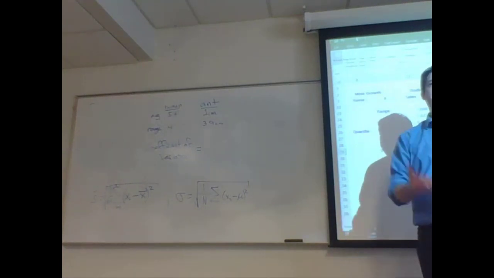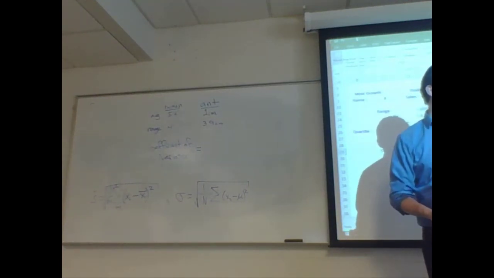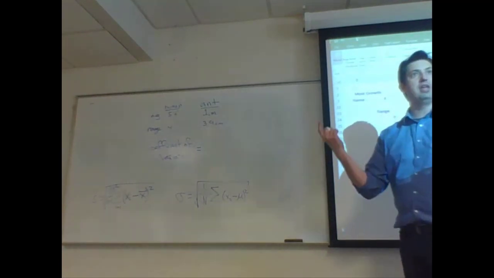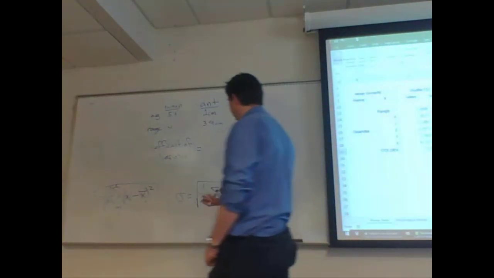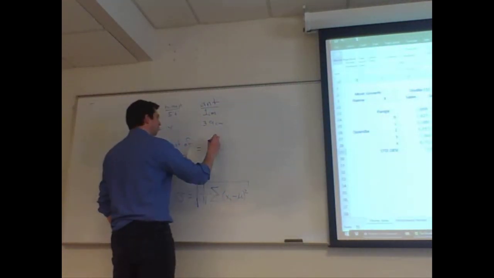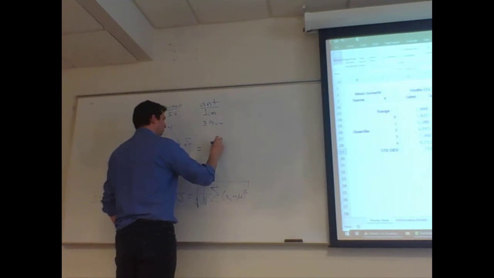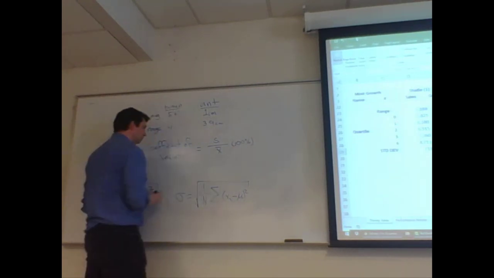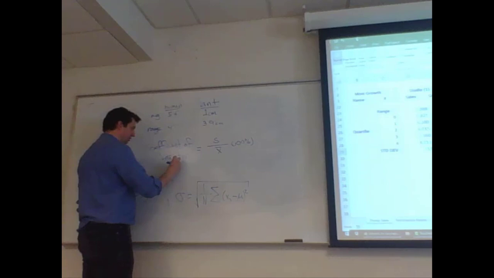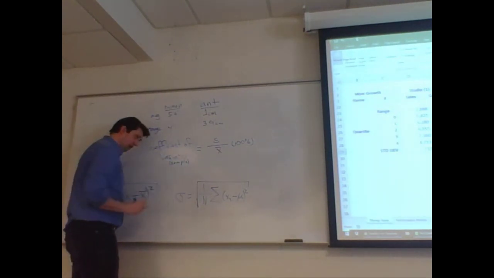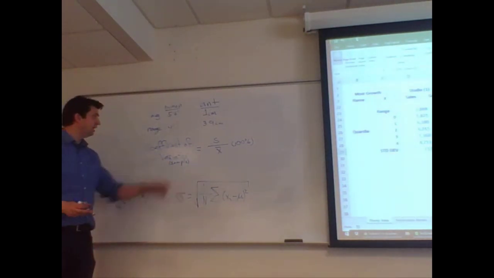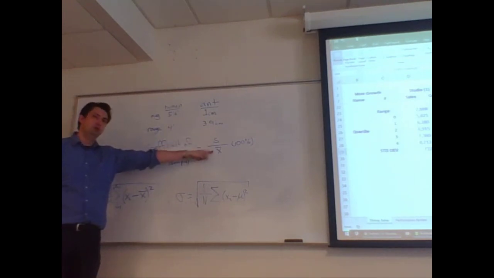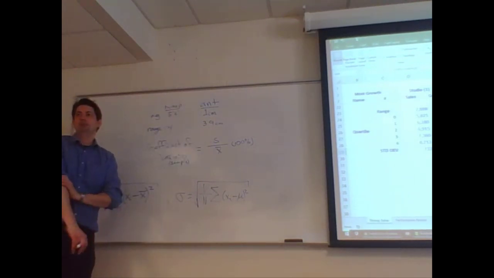What percent of the average is it? In other words, it is the standard deviation divided by the average, and then we throw in times 100%. This is technically the coefficient of variation of the sample. There's another one for population that just uses sigma and mu, but it's the same calculation.